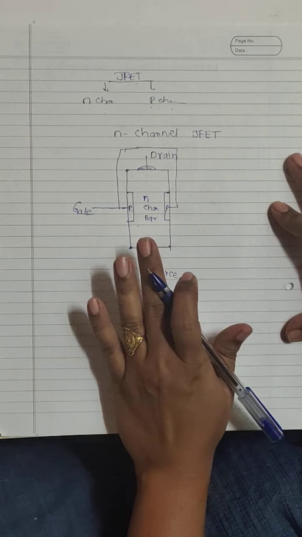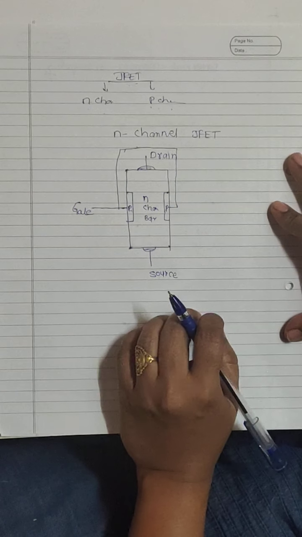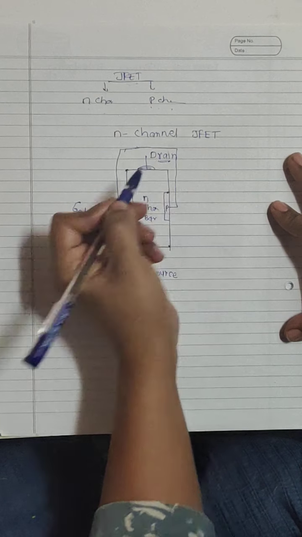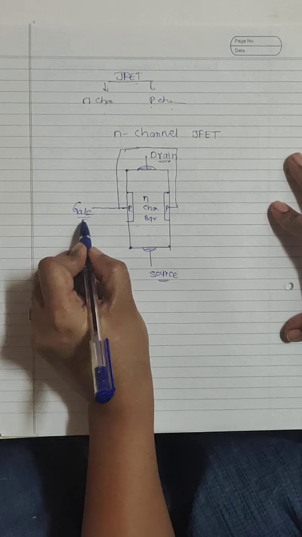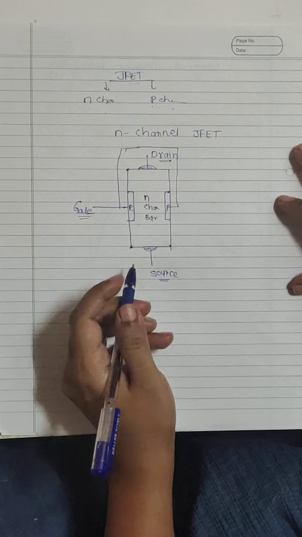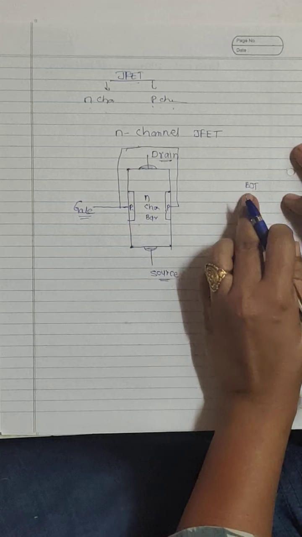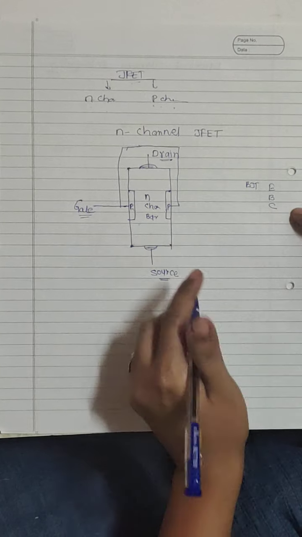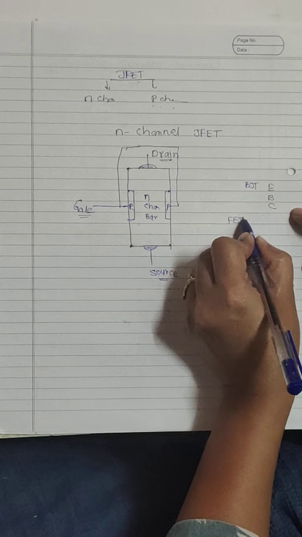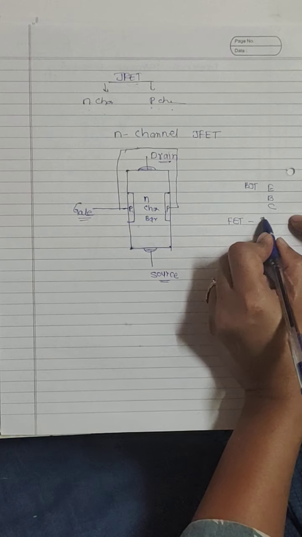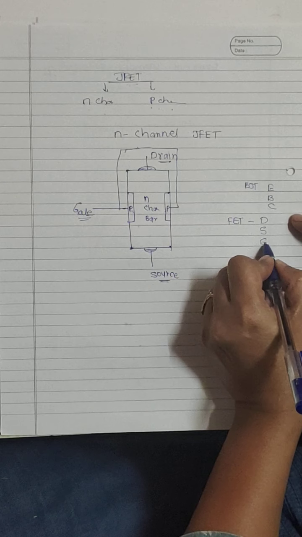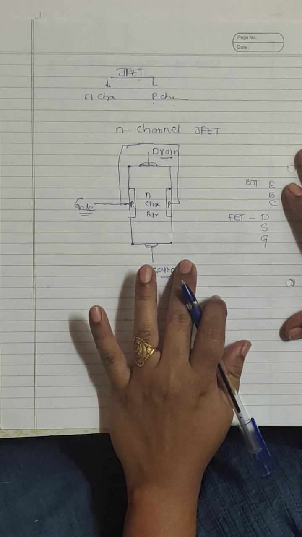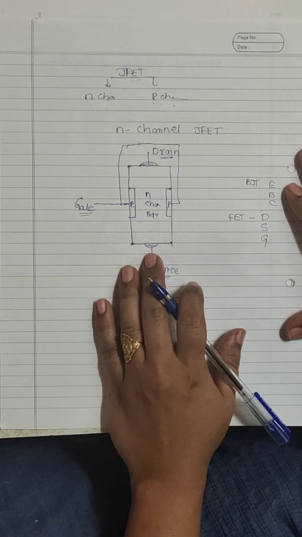Thus the junction field effect transistor is a three terminal device. The names of the three terminals are drain, source and gate. Like the BJT has three terminals, emitter, base and collector, the JFET likewise has three terminals: drain, source and gate. This is the construction of the N-channel JFET.